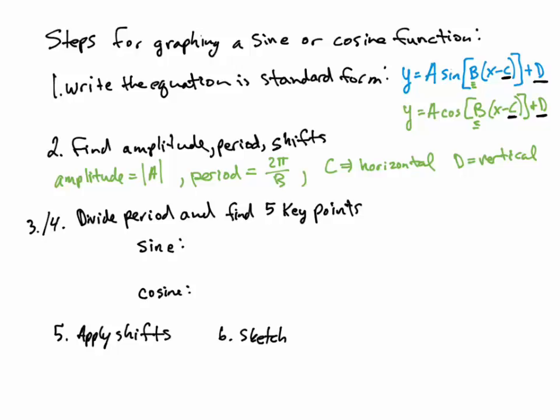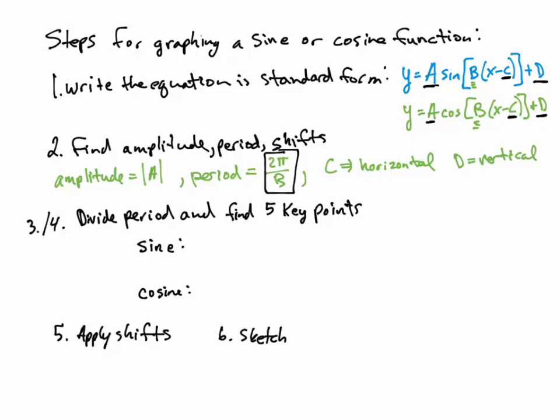If we see plus c, it's going to be a shift to the left. The a value here is just a vertical stretch or compression, so that's going to affect the amplitude. And then b doesn't totally have a corresponding transformation that we saw previously, but the b value just goes into finding the length of the period.